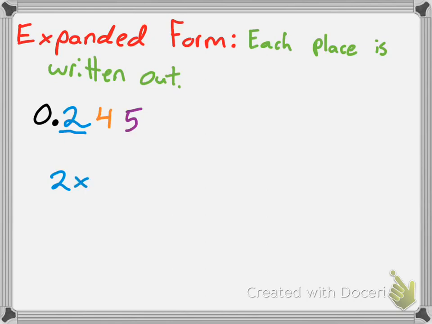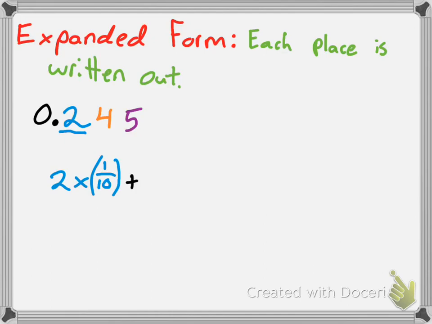The place is the 1/10ths place. So you've seen this before. It's that fraction 1/10 for the tenths place, 1/10. I'm going to put it in parentheses just to make it look a little bit nicer.